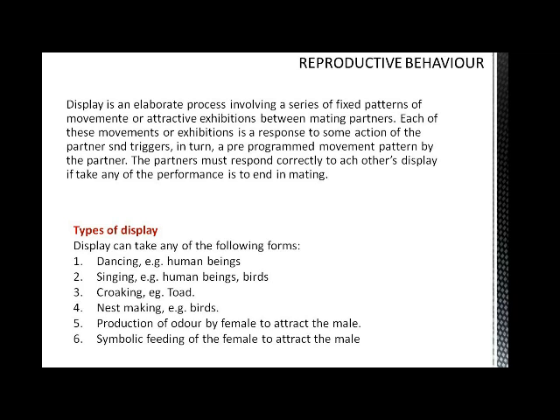Each of these movements or exhibitions is a response to some action of the partner and triggers, in turn, a pre-programmed movement patterned by the partner. The partners must respond correctly to each other's display if any performance of the display is to end in mating.